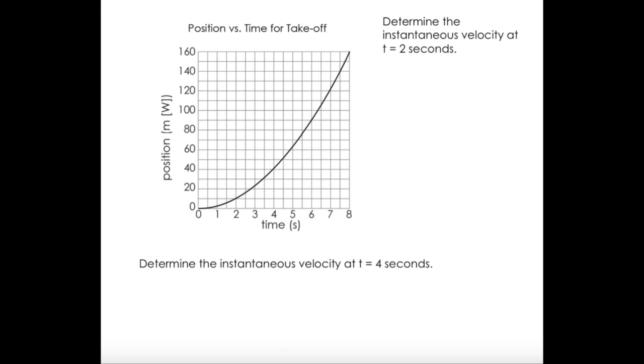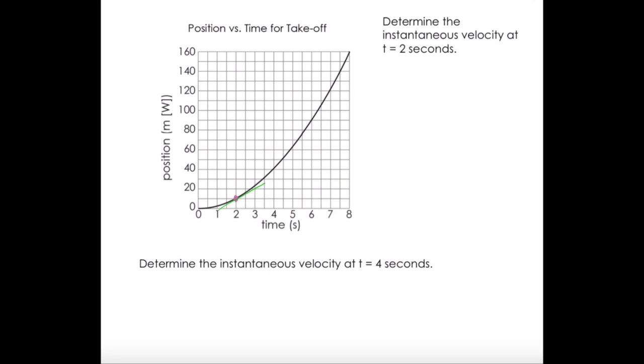So if we find at time 2, here's our position. We're going to draw a tangent line. And it'll be easier for you because you can actually use a straight edge.